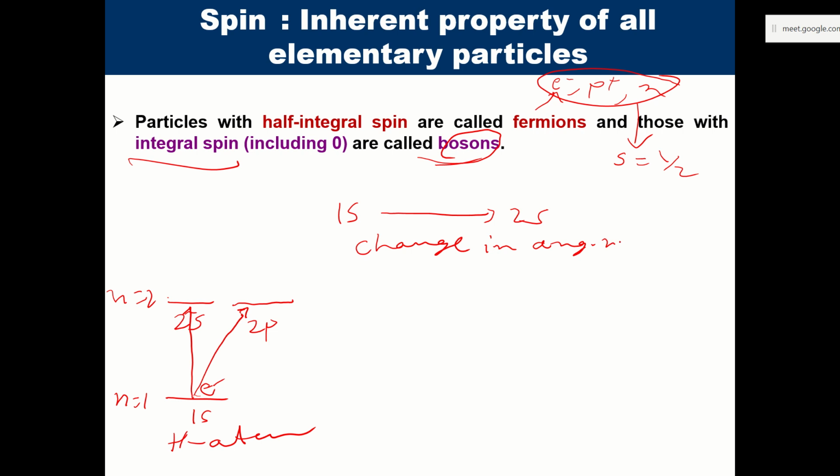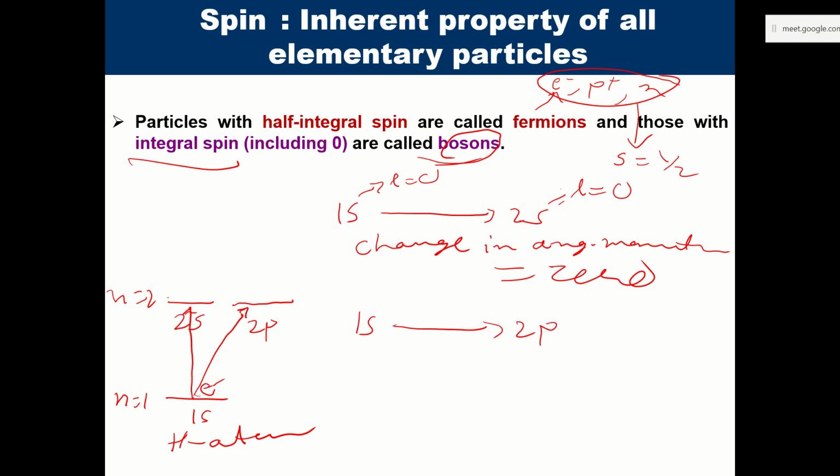When it goes from L equal to 0, here also you have L equal to 0, so the change in angular momentum is 0. But when you are thinking of 1s going to a 2p orbital, L is 0 here, L is 1.